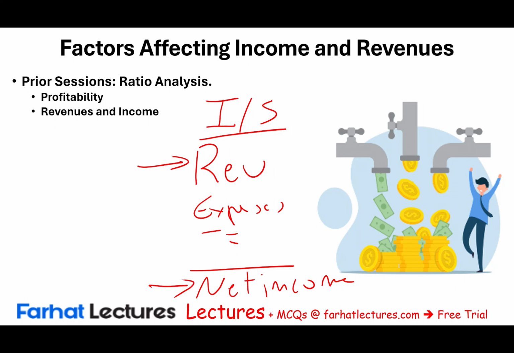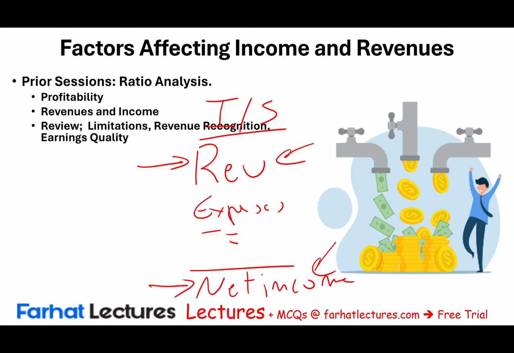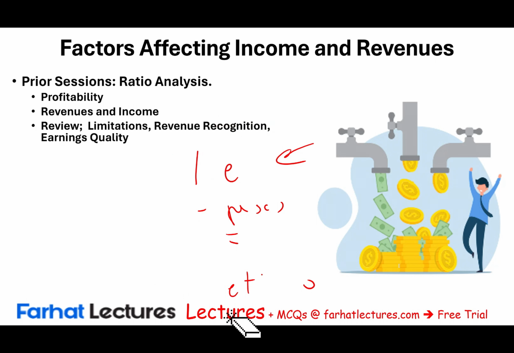So in this session we would look at factors that will influence how we analyze revenues and net income. Now bear in mind, everything I mention in this recording, I know we have viewed it somewhere else, one way or another.